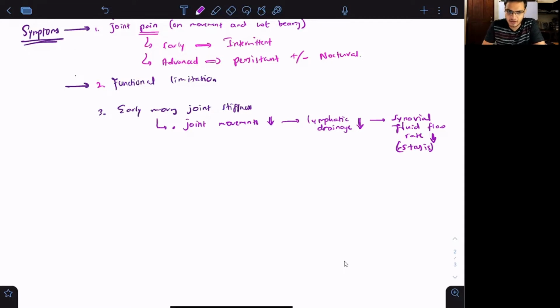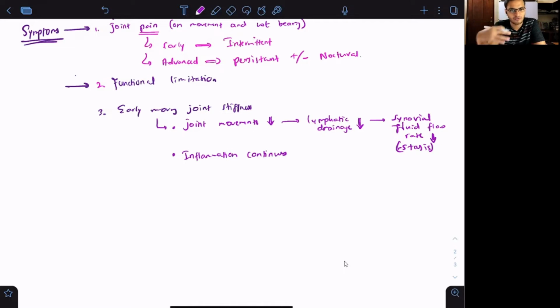The second thing I want you all to know, guys: throughout the night, what happens? The inflammation can still continue. When the inflammation continues, what is going to happen?